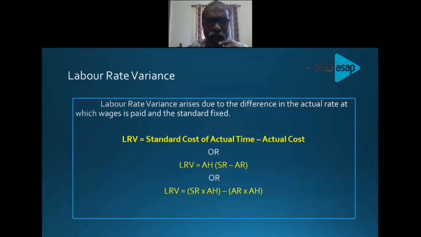So here is the equation for labor rate of pay variance or labor rate variance. It is standard cost of actual time reduced by actual cost.